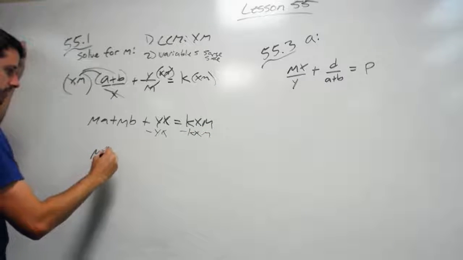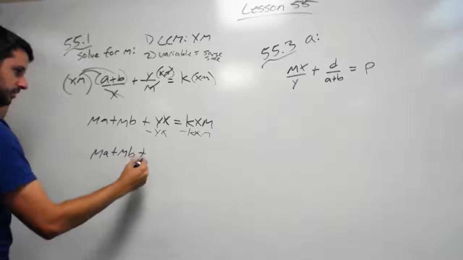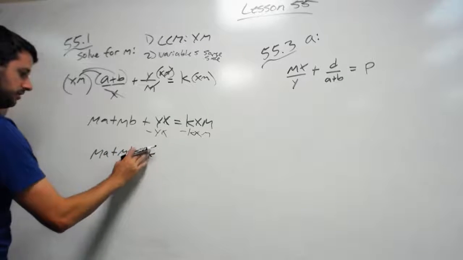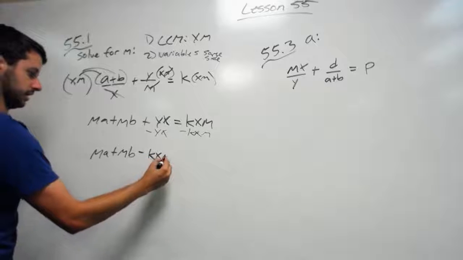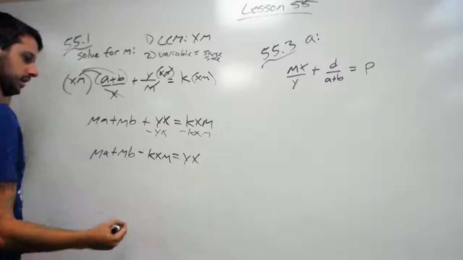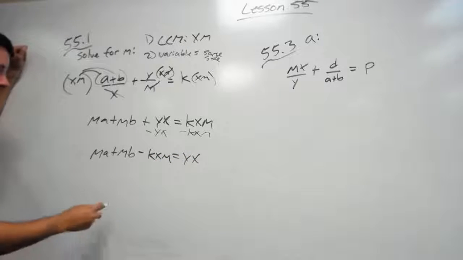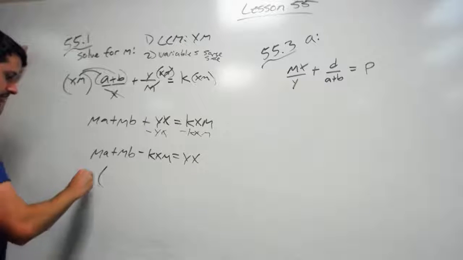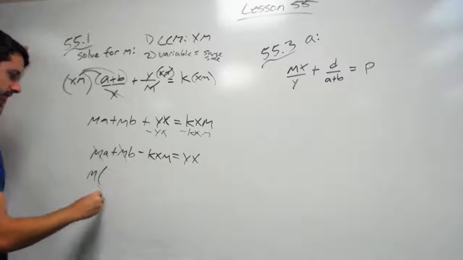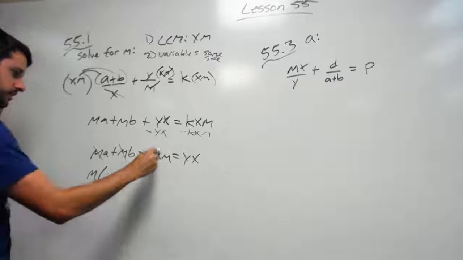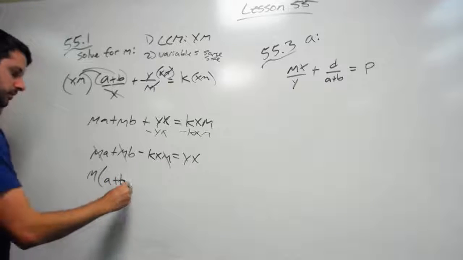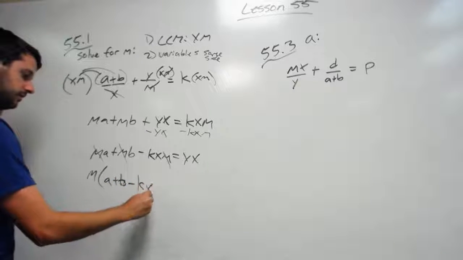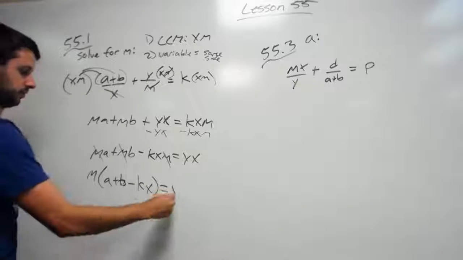ma plus mb minus kxm equals yx. From here, factor the m out, and we're left with a plus b minus kx equals yx.